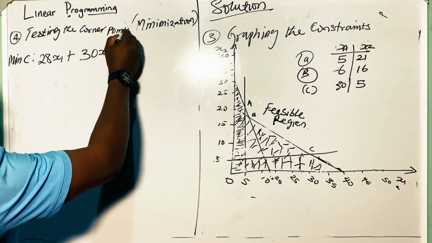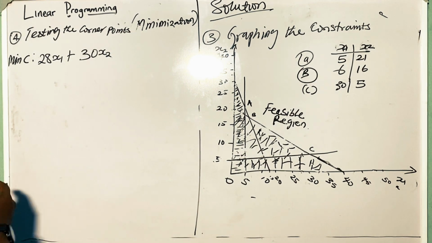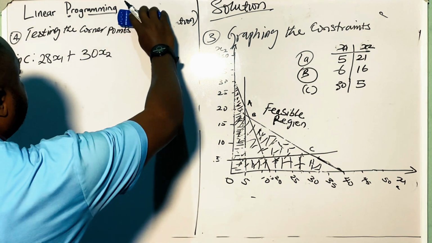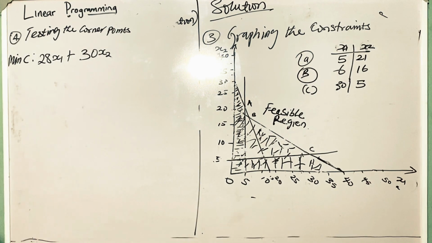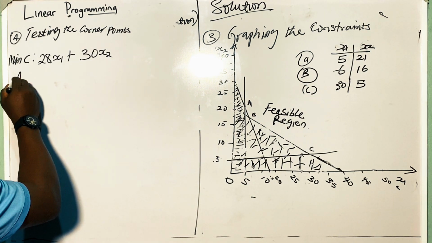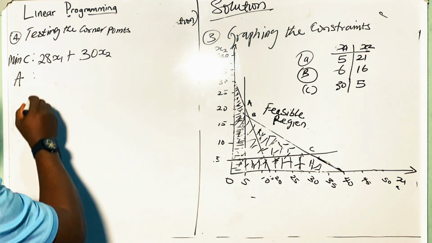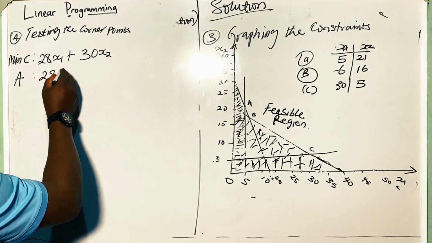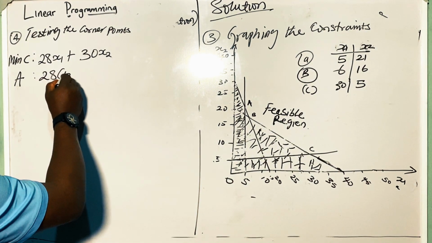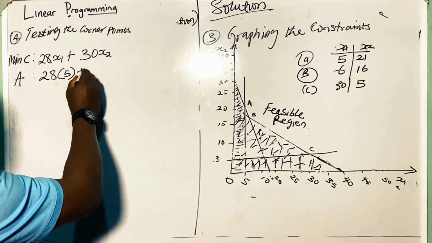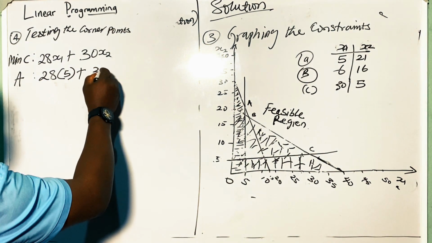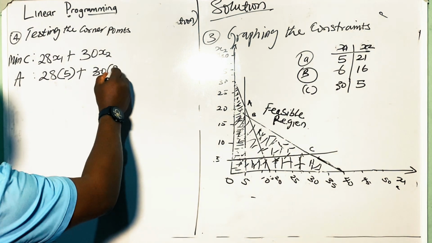Now at point A, we have 28 by 5 plus 30 by 21.